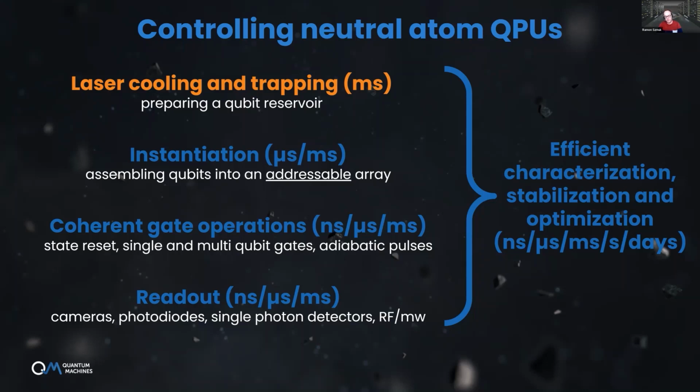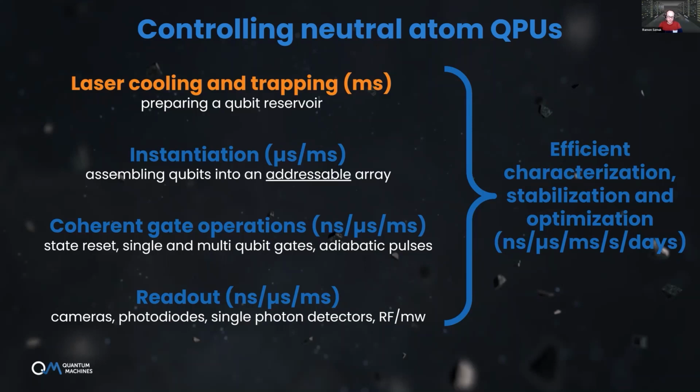So you need to be able to reset the state of your qubits, perform single and multi-qubit operations, and in general be able to apply a universal set of gates to your atoms, right? So you need to be able to generate them, adapt the gates, optimize them.